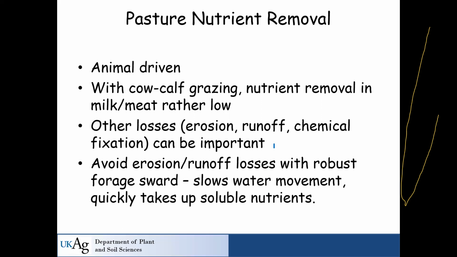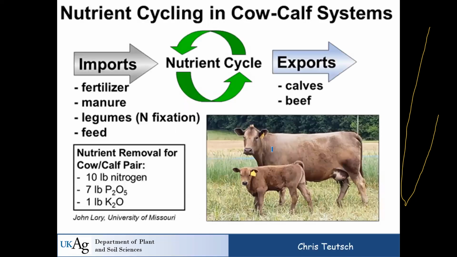Chemical fixation is an idea where the soil chemistry itself causes available nutrient levels to decline over time. And in some of our soils, it's more rapid than others. You can avoid erosion and runoff losses with a robust grass stand. You need that to slow the water movement, and that stand will quickly take up the soluble nutrients and prevent them from being lost.